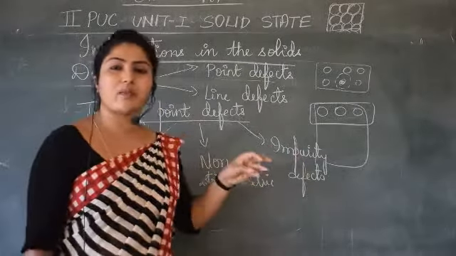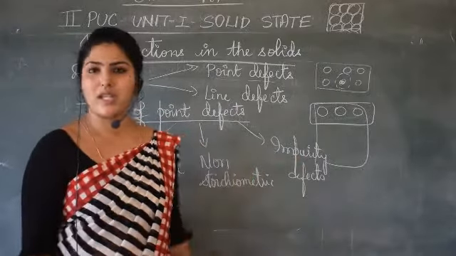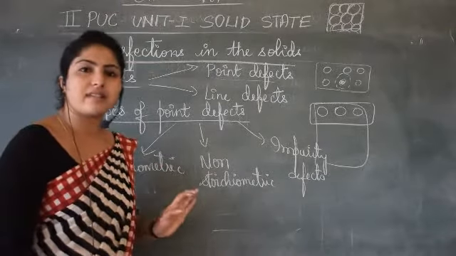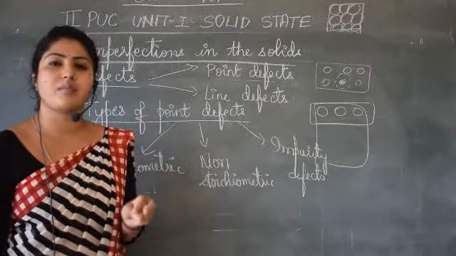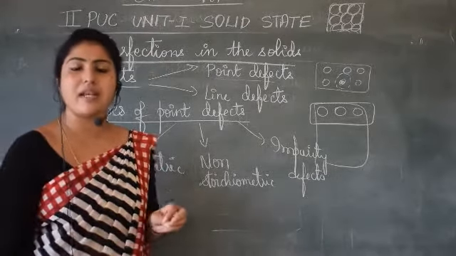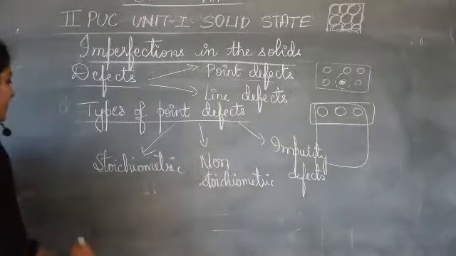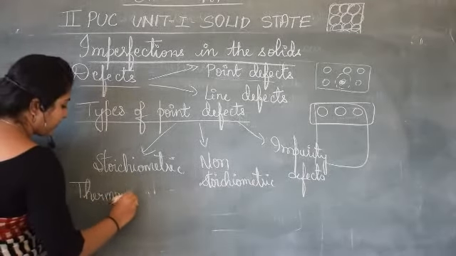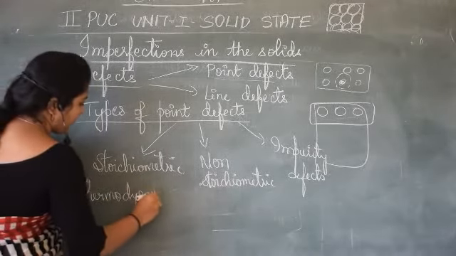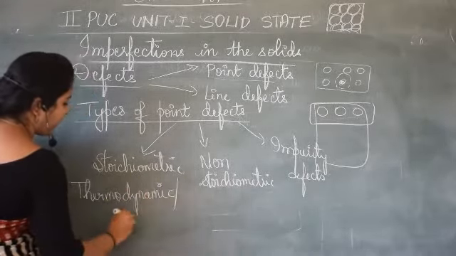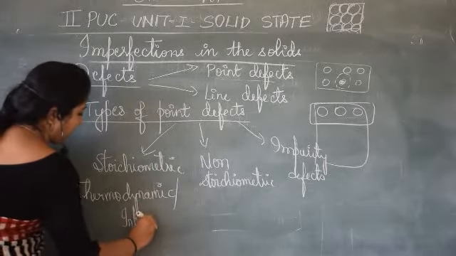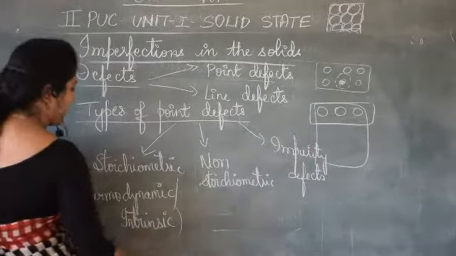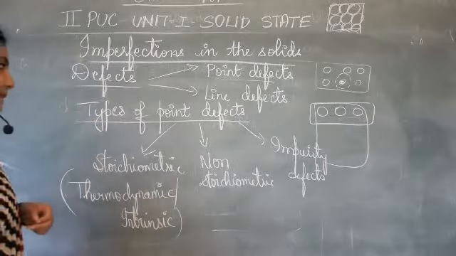For impurity defects, due to the presence of some impurity, you see these kinds of defects. Since stoichiometric defects do not disturb the stoichiometry of the solid, they are also called thermodynamic defects or intrinsic defects.